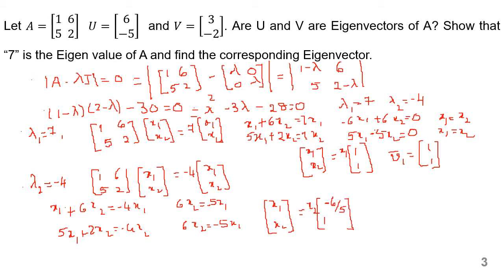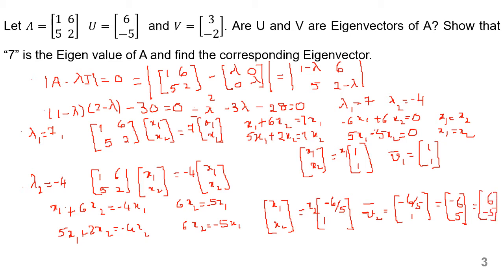So the eigenvector is (minus 6 by 5, 1). Multiplying by 5, I get (minus 6, 5). If I multiply by minus 1, I get (6, minus 5).